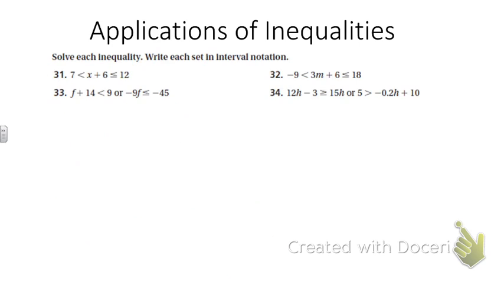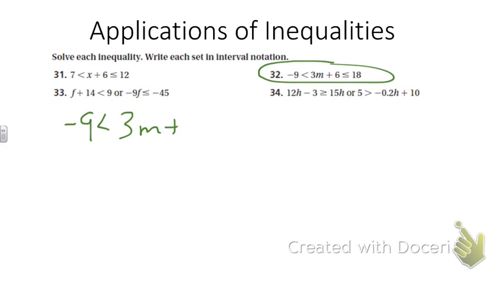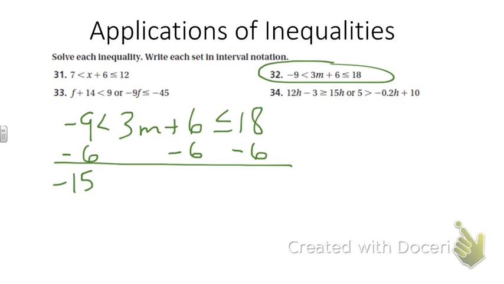Going to the next one. -9 is less than 3m plus 6, which is less than or equal to 18. I'm going to solve this one as it is. I'm going to just subtract everything right here, because I know I can divide everything by 3.